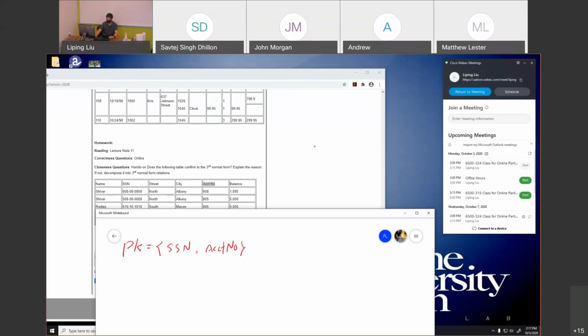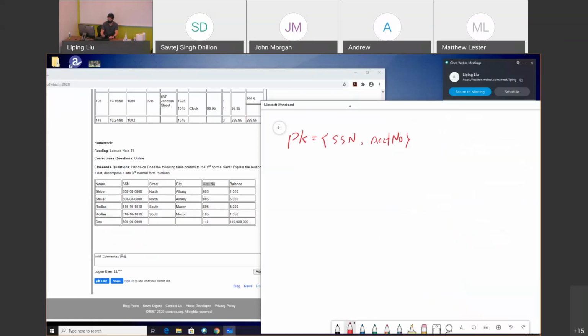So let's draw the functional dependency diagram here. It consists of the name column, social security number column, street, city, account number, and the balance.